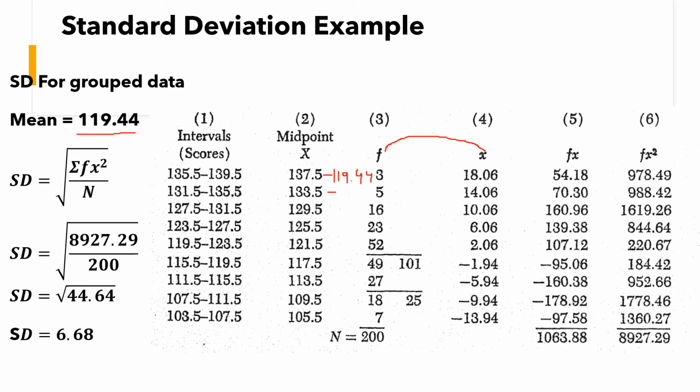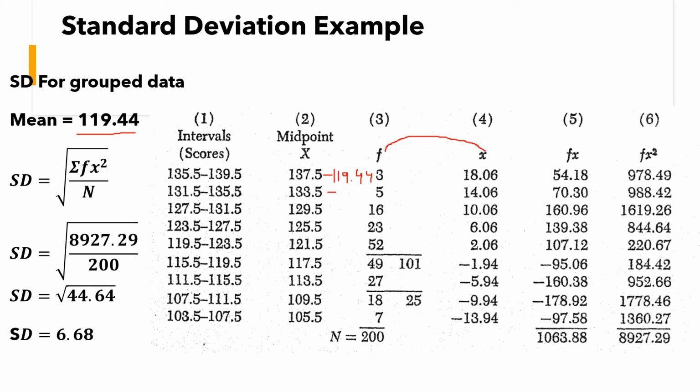Now we need the x square only. We are not required to square the whole fx. Now we calculate fx square, so fx multiplied by the x value only. As per the formula, we now have fx square divided by n.